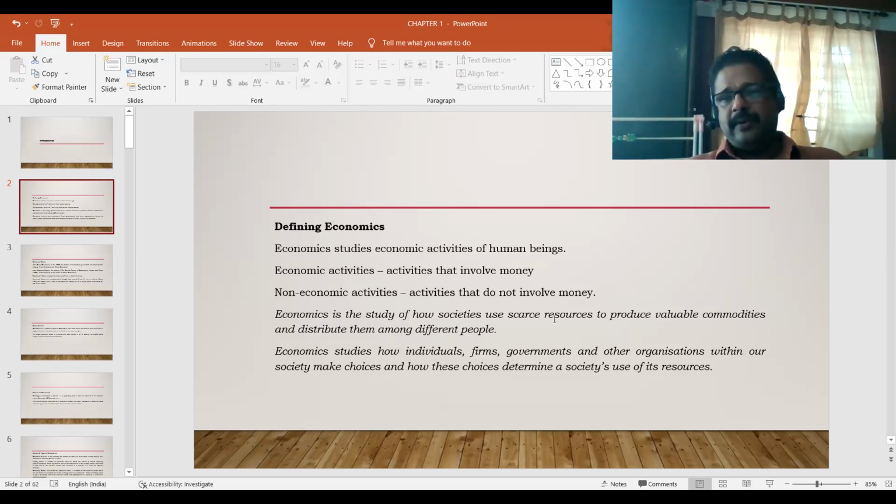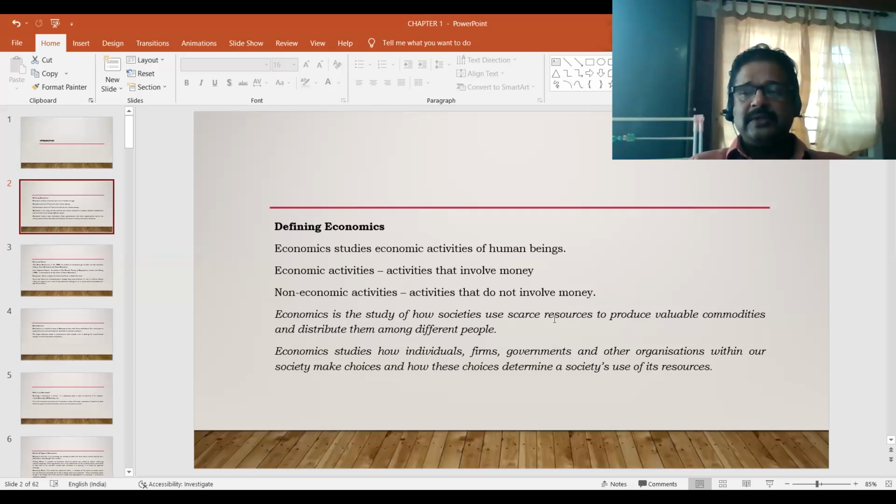Now, what are commodities? Commodities means anything which satisfies human wants. We all have wants. Those things which have the capacity to satisfy our wants are known as commodities. So when we say commodities in economics, it doesn't mean goods only.